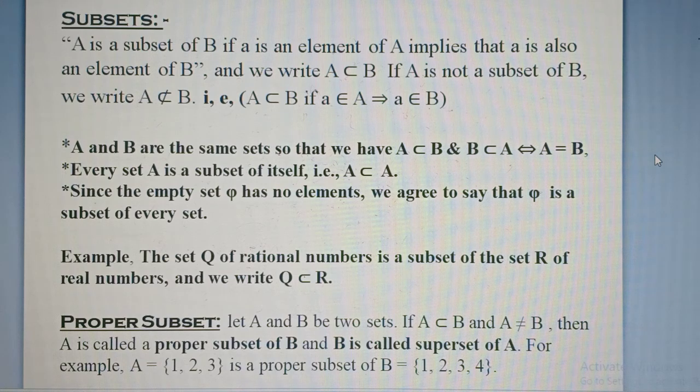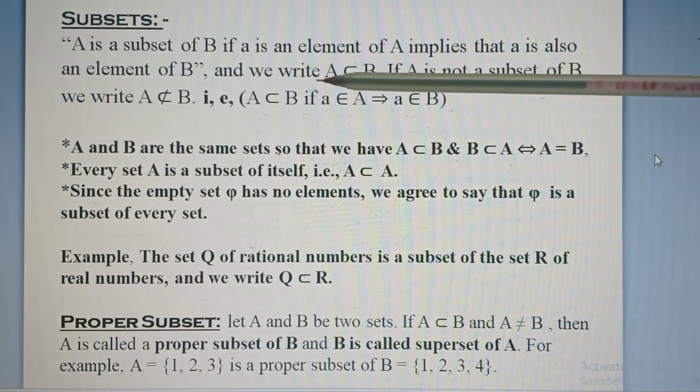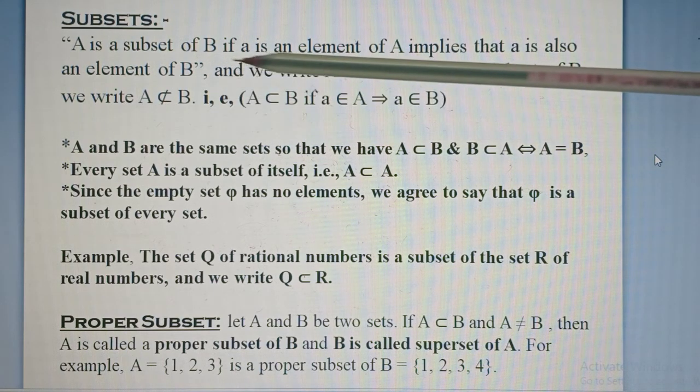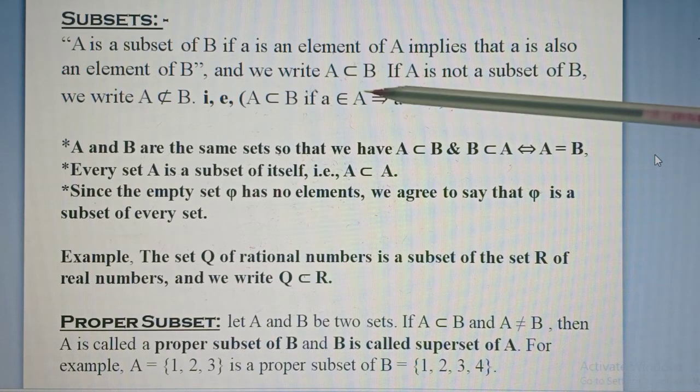A is a subset of B if a is an element of A implies that a is an element of B. So students, A is a subset of B is possible when every element of A is present in B. We write A ⊆ B. If A is not a subset of B, we write A ⊄ B.